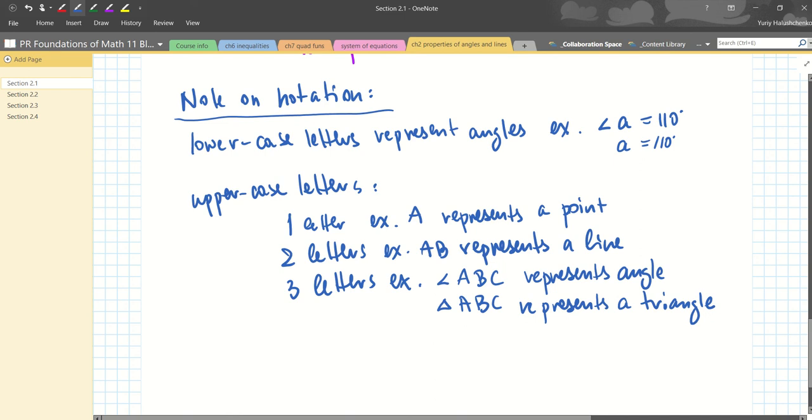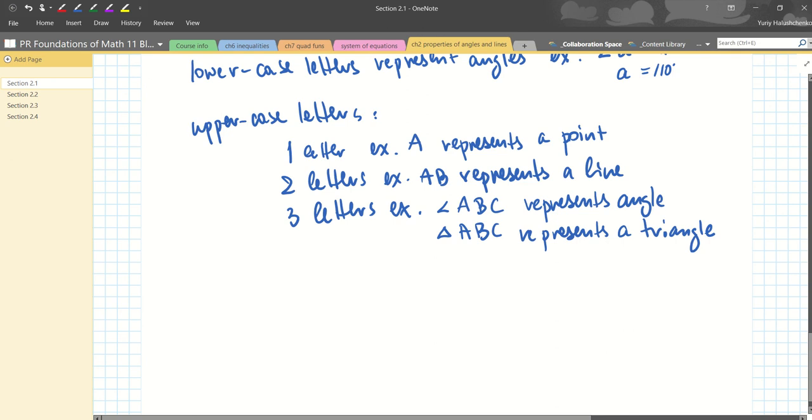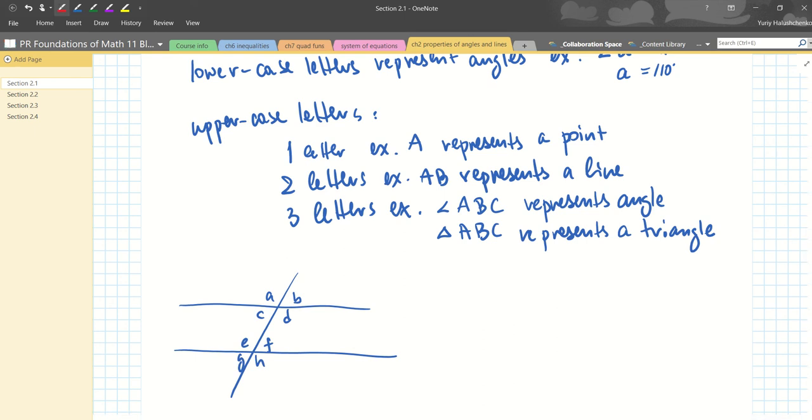So, what does this mean? If you have something like this, we have angles A, B, C, D, E, F, G, and H. So you can have notation like that, and again, lowercase letters mean angles, but sometimes the diagrams are too complicated to have a bunch of lowercase letters.